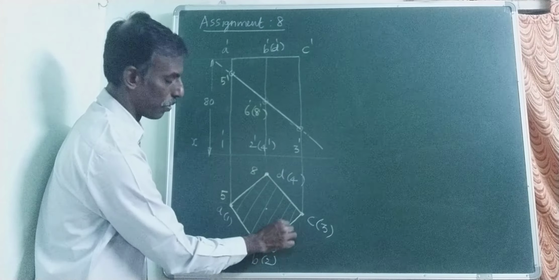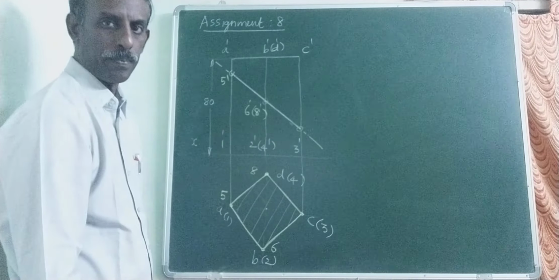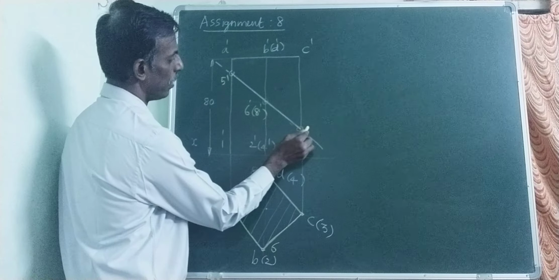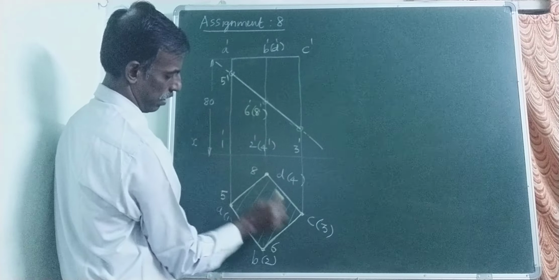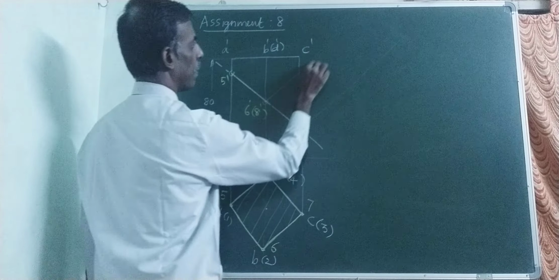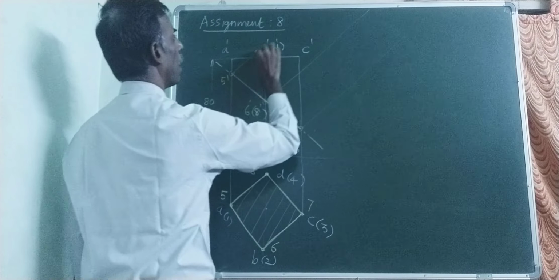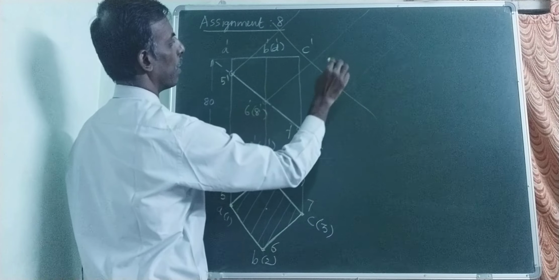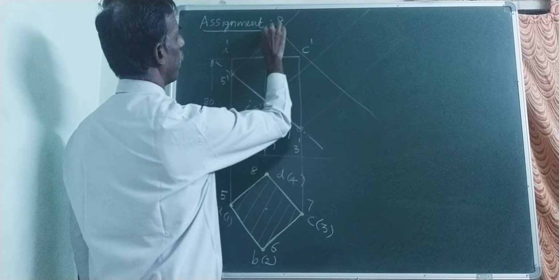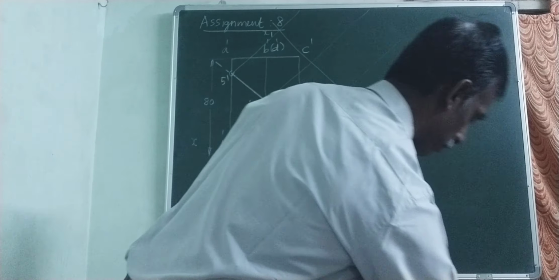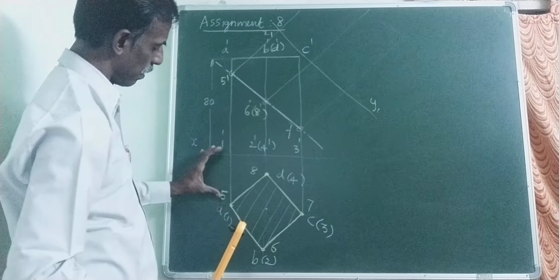Now we need to draw the true shape of section. Through each and every cutting point, 6, this will be 7 and 7 dash, draw the perpendicular lines, and draw the parallel x1 and y1 lines. Now we need to transfer the section points.